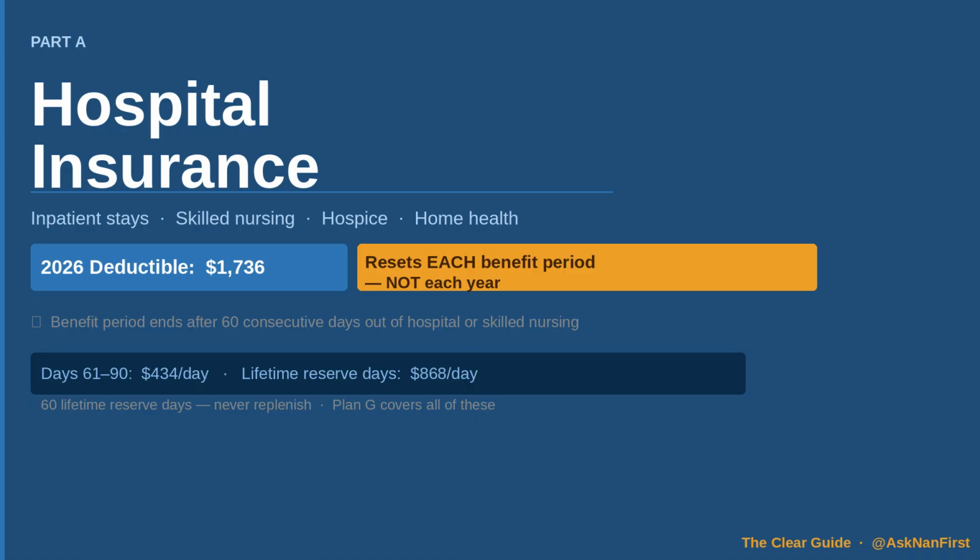So here's what that means in real life. Say you're hospitalized in March and discharged after 5 days. If you stay out of the hospital and skilled facility for 60 consecutive days in a row, your benefit period ends and a new one begins.